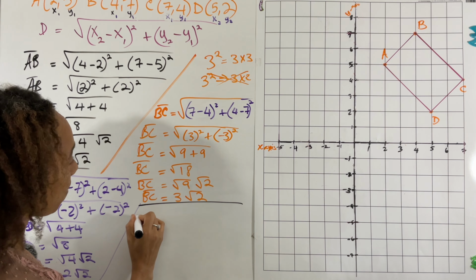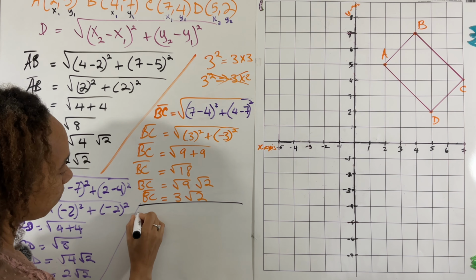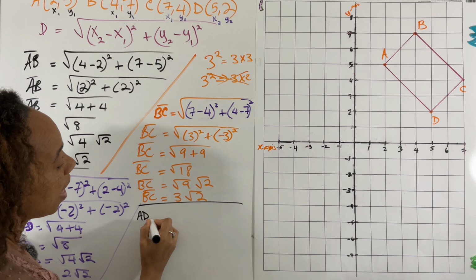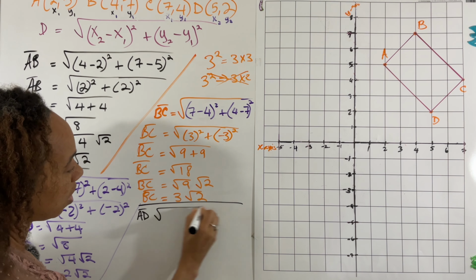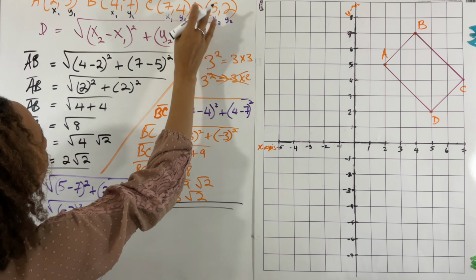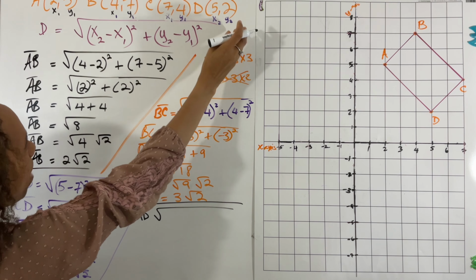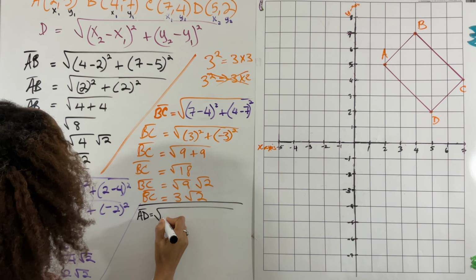So you're going to find segment AD now. You are going to use A and D. It's already labeled as x1, y1, x2, y2 right here, so you will use those.